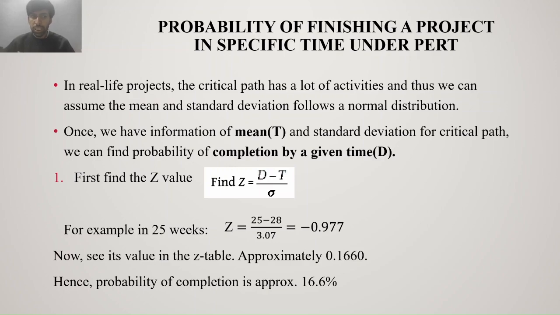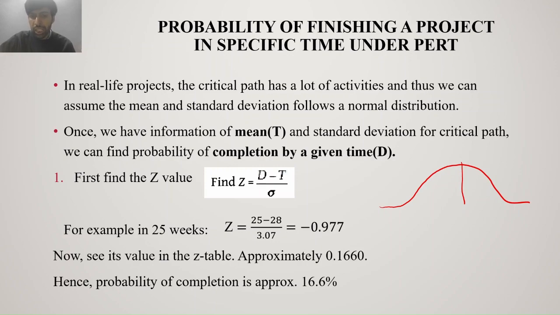We assume that this project has a normal distribution. The mean and standard deviation follow a normal distribution. That is true for many projects as they have a lot of activities, and when they have a lot of activities, we can assume that the timings will follow a normal distribution with its mean and standard deviation. So in this case, we simply take, as you can see here, the specific time we want to check.